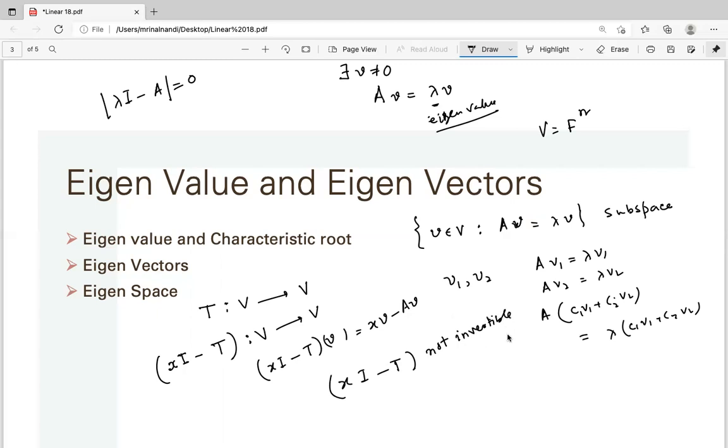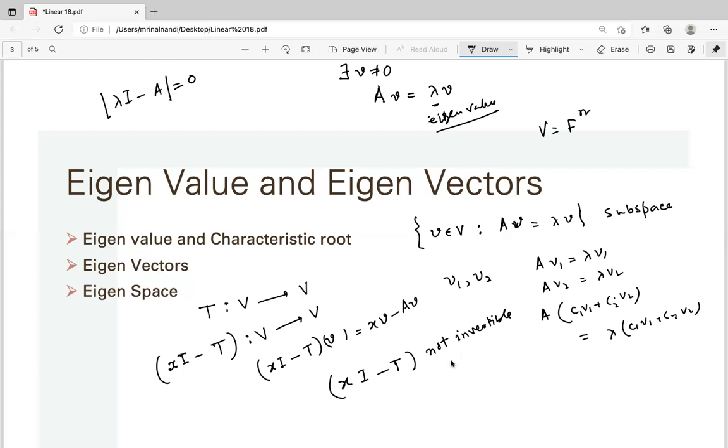Now, invertibility is not a concept only for matrices; it is a concept for linear transformations, and indeed for any function.